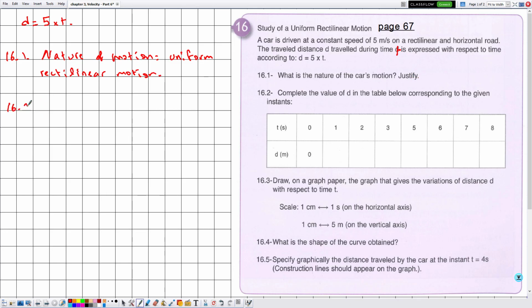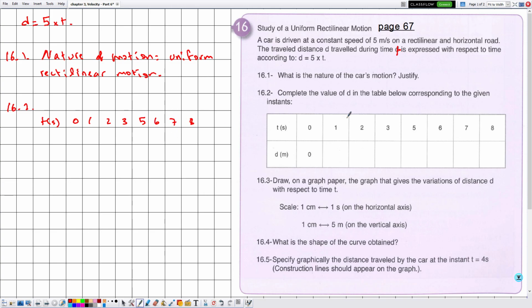Now in 16.2, they are telling me to complete the value of d in the table below corresponding to the given instants. So we are supposed to copy the table. Let's copy the table. Here we have time in seconds: 0, 1, 2, 3, 5, 6, 7, 8.